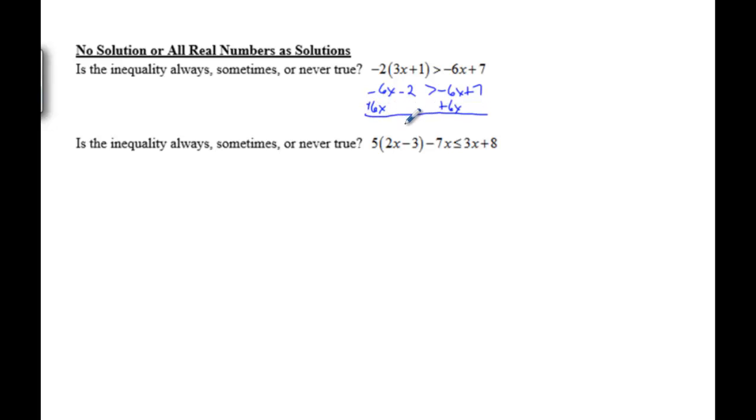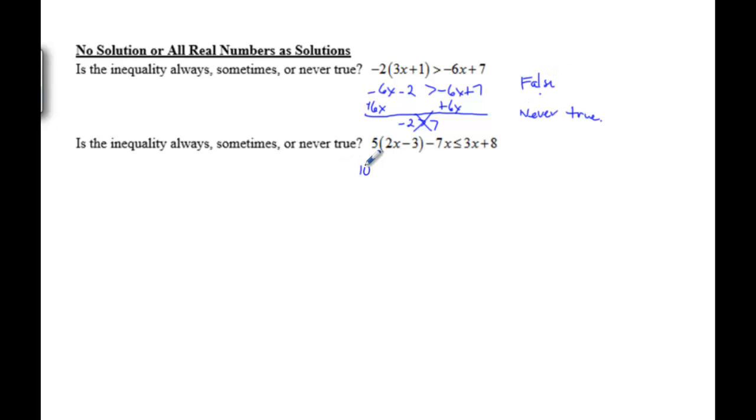We end up getting negative 2 is greater than 7. Is that a true statement? We have a negative number on the left and a positive number on the right. Negative numbers are never greater than positive numbers, so this is false, never true.